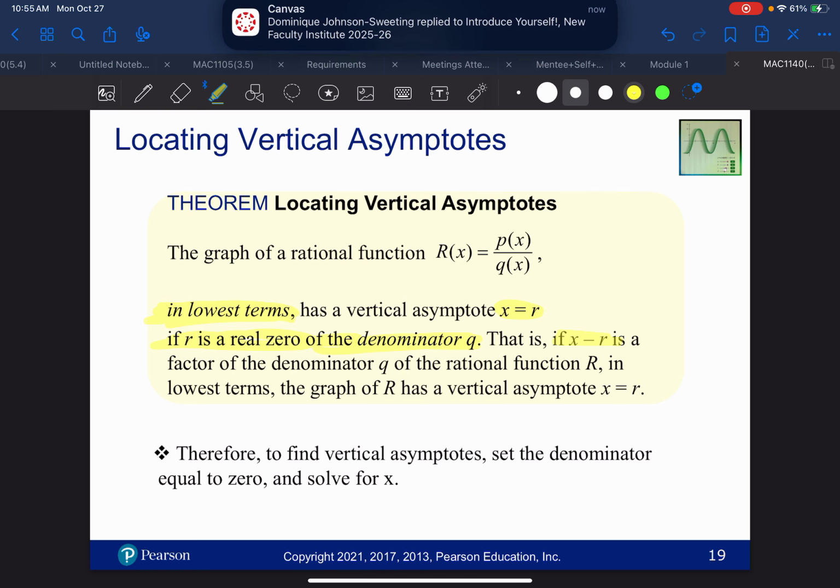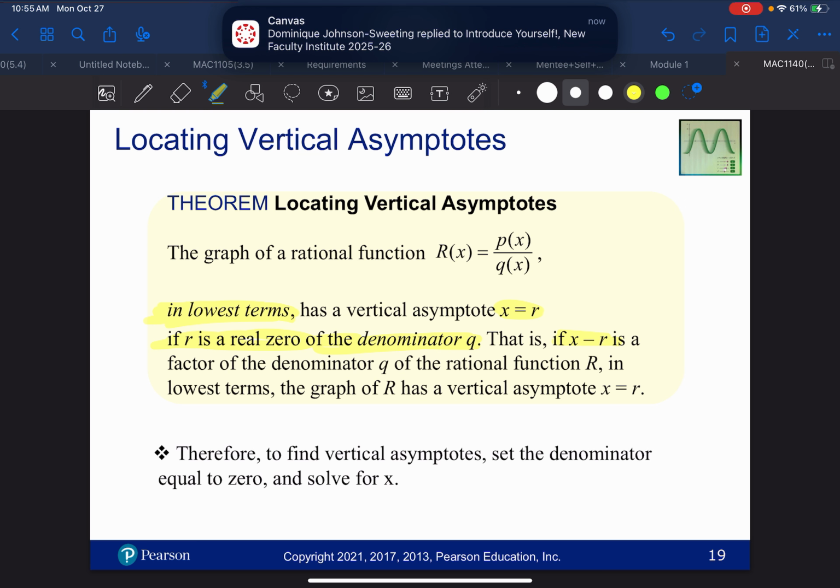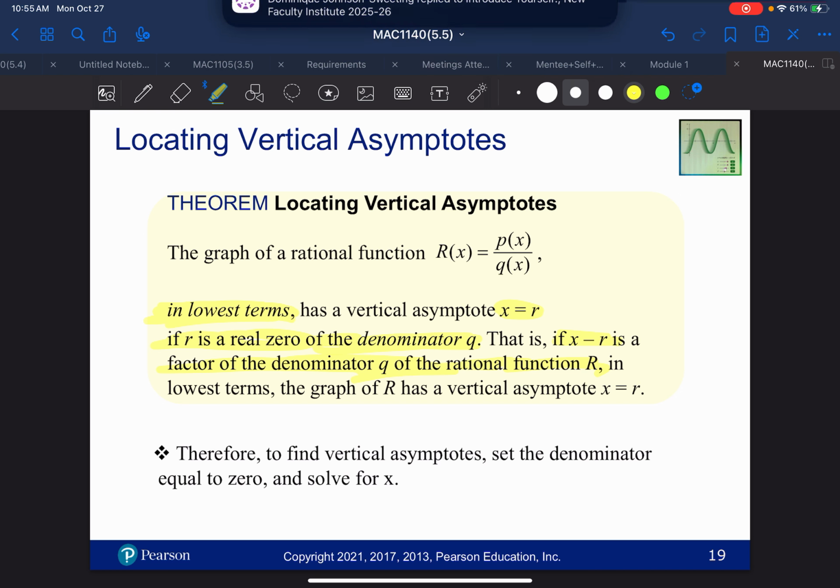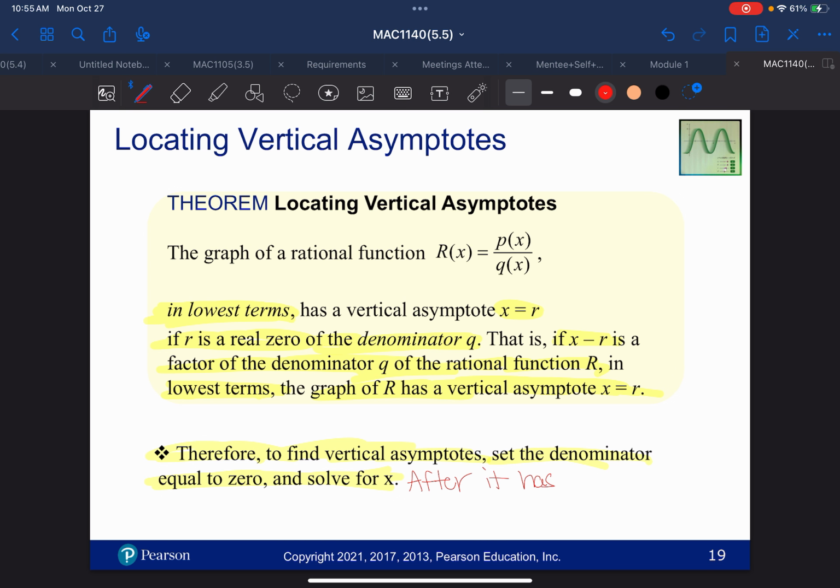That is, if x minus r is a factor of the denominator q of the function r when it's in lowest terms, after it's been factored and simplified, then the graph of r has a vertical asymptote at x equals r. Therefore, to find vertical asymptotes, we set the denominator equal to 0 and solve for x after it has been simplified. Have to do that first.